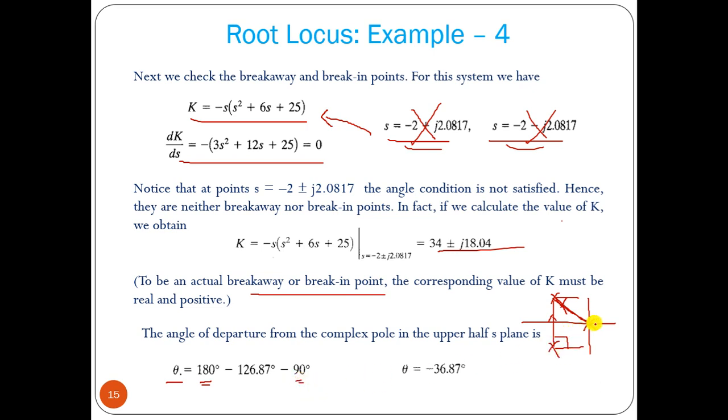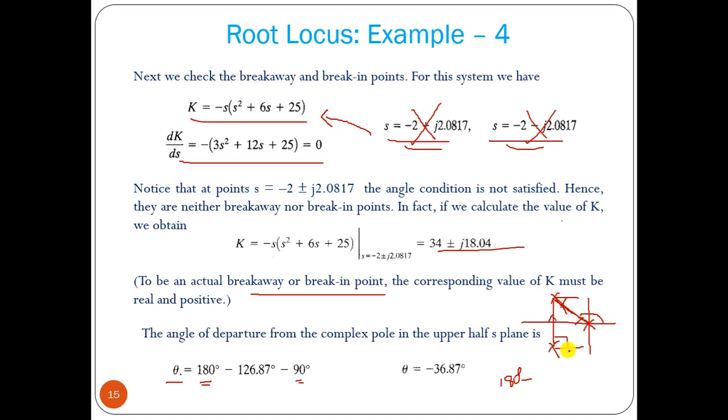And what is the angle from this particular real axis? If you want to find that, we have to calculate 180 degrees, the total angle, minus this angle. That is the angle from the pole at 0 to this complex pole with respect to the real axis.